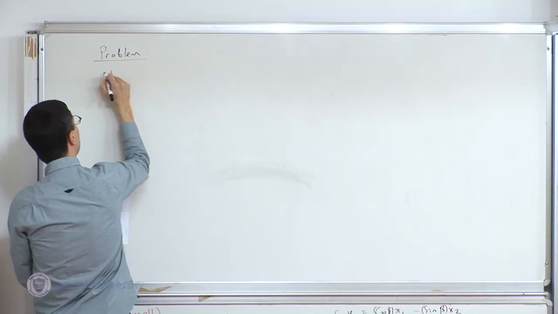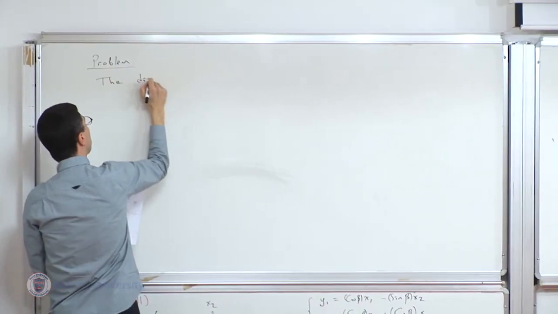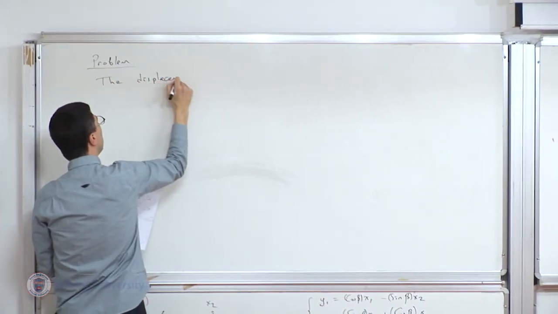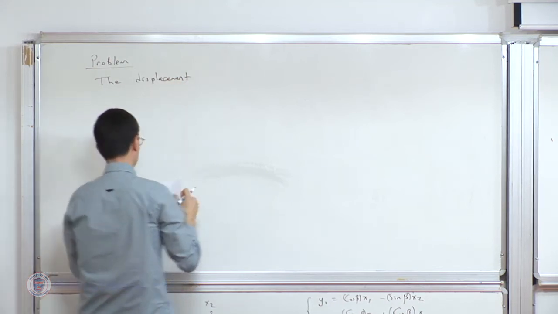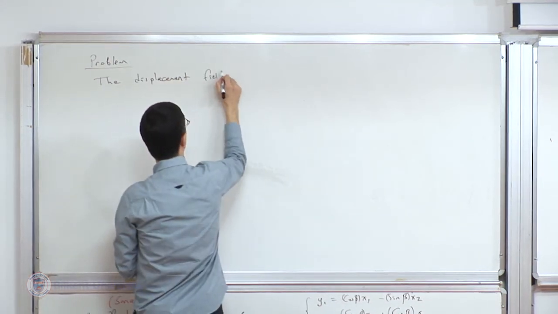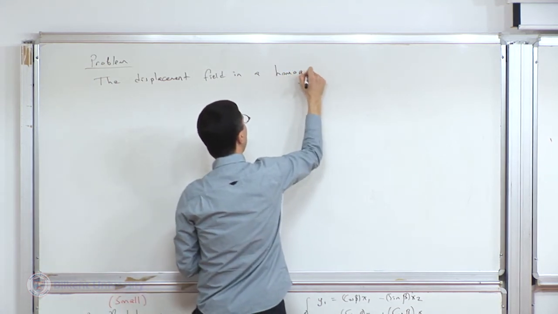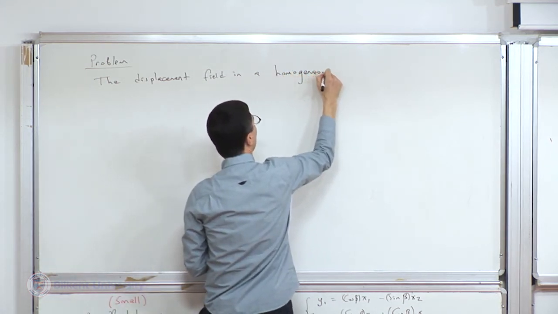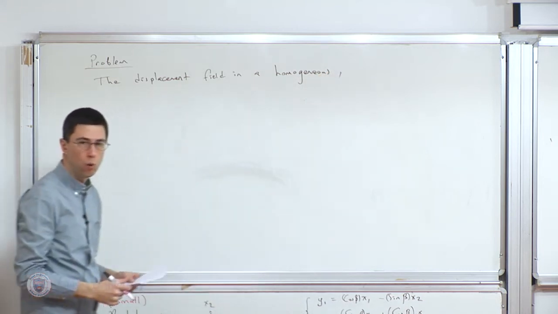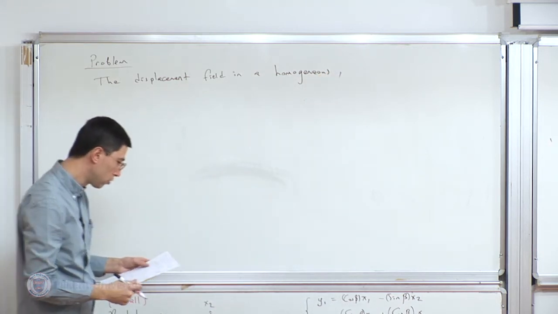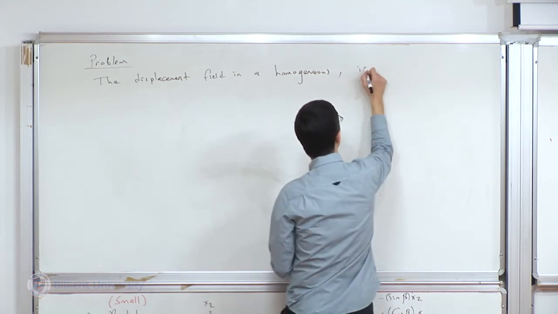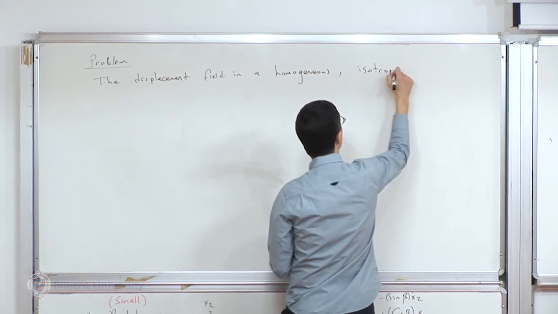So let me write down what we're trying to do. We are given the displacement field in a homogeneous, meaning there is only one type of material involved within the structure. It's not a composite, for instance. It is isotropic versus anisotropic.